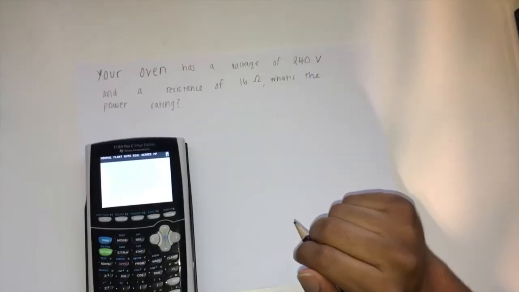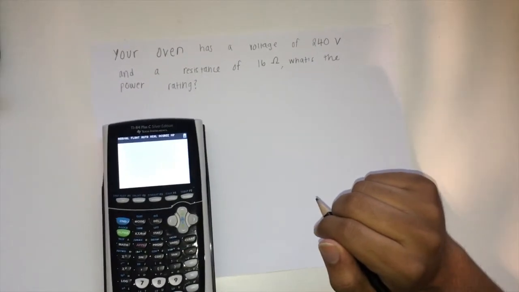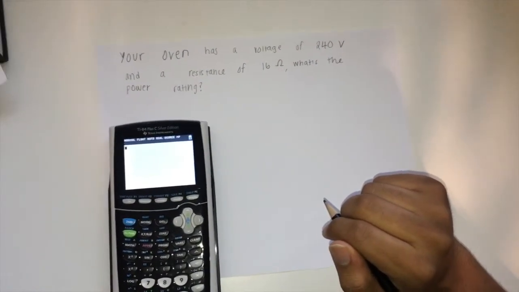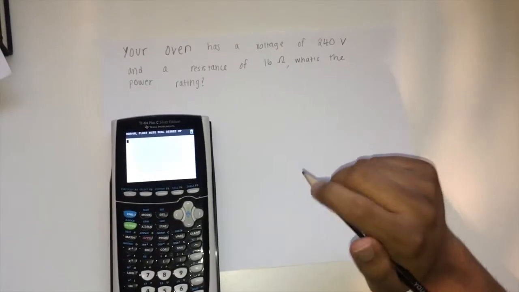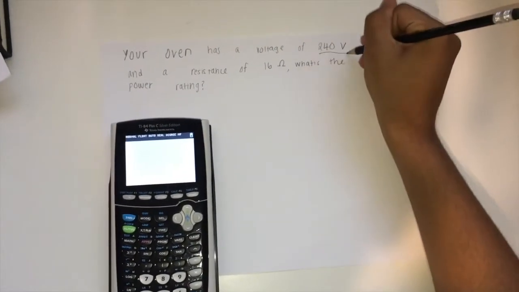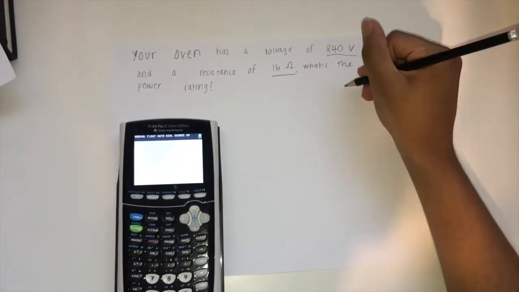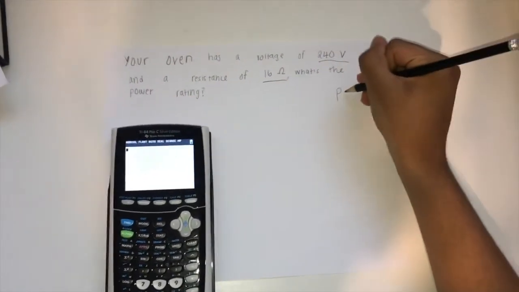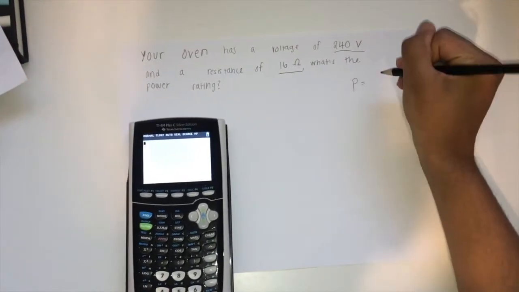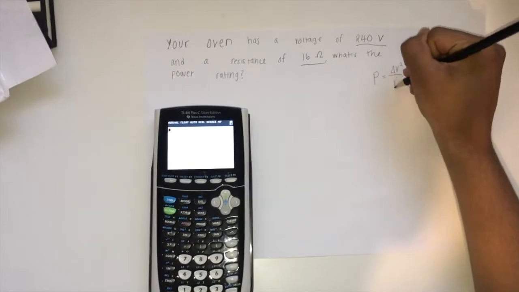An example of a power calculation is, your oven has a voltage of 240 volts and a resistance of 16 ohms. What's the power rating? So you know that the voltage is 240 and you know that it has a resistance of 16 ohms. So you would know that you would have to use the power equation that's voltage squared over resistance.